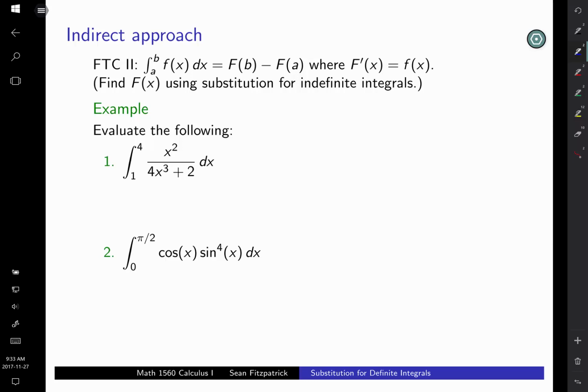Okay, so we can do that. Let's try it out here. In this first one, we first do the indefinite integral. So we ignore the definite integral for a while, and we say, what do I have to do here? Well, what's u going to be?